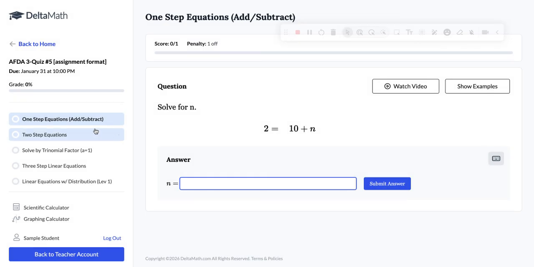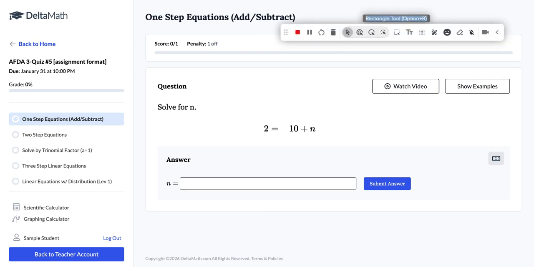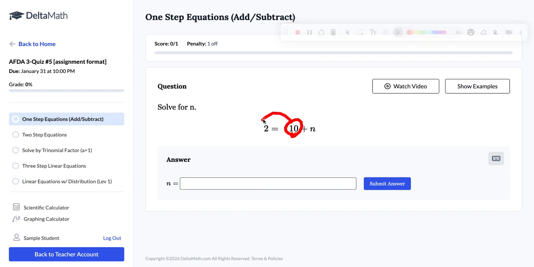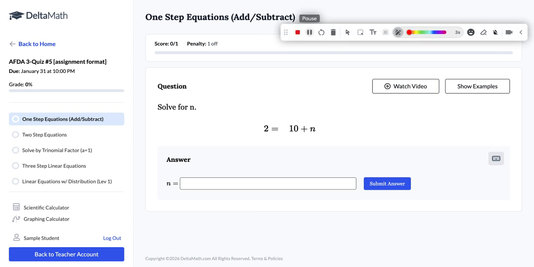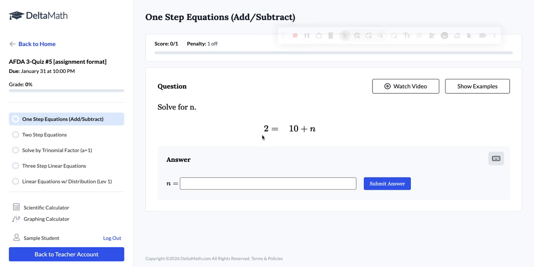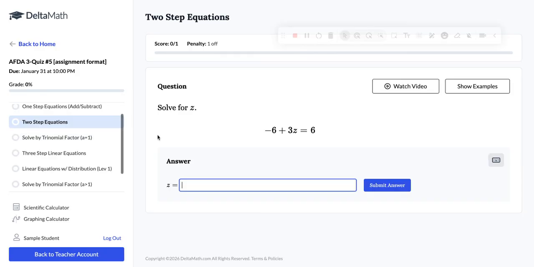This you're going to solve very easily by taking the 10 and moving it over here, or subtracting 10 from both sides. This one, oops, subtract 10 from both sides. This is subtract or add 6 over here, and then 3z equals 12.